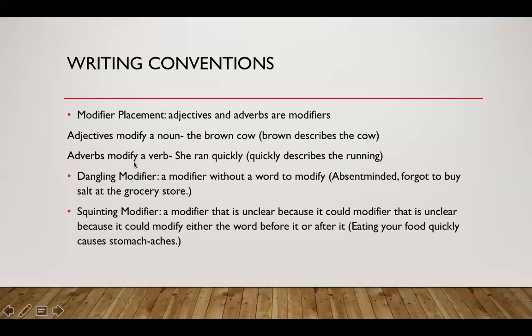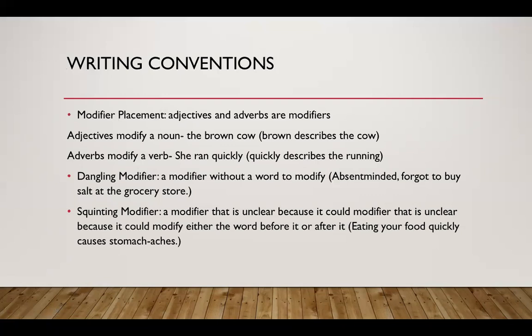So when we're talking about a modifier, it changes or adds to the noun or the verb. So adjectives add or change, right? The brown cow versus the white cow versus the spotted cow, so that it adds more description, more distinction. It modifies the noun. Same thing happens with adverbs. She ran quickly. She ran slowly.